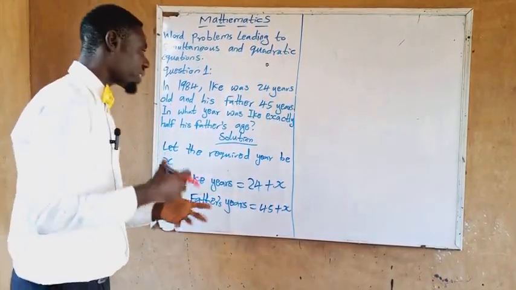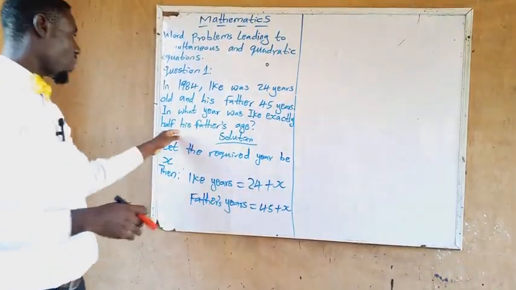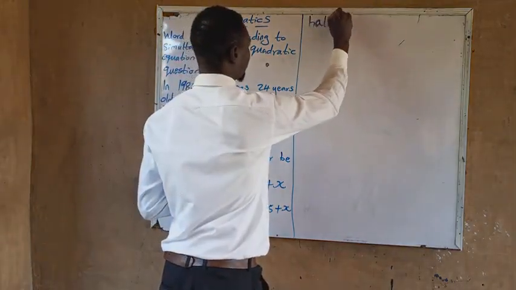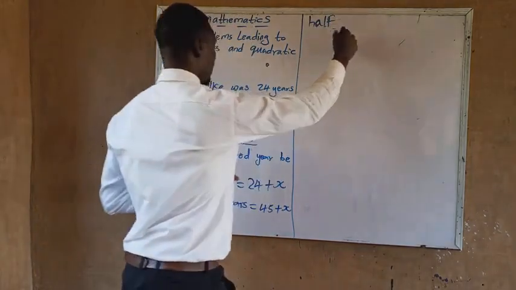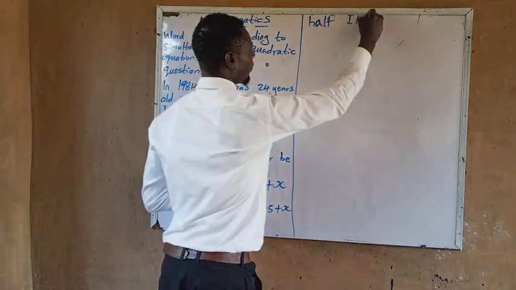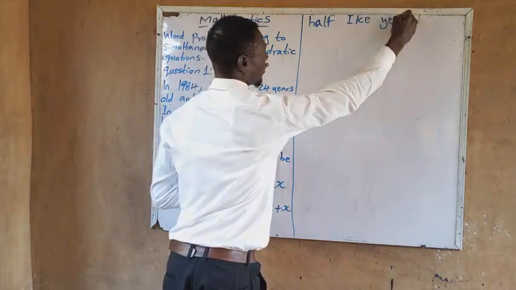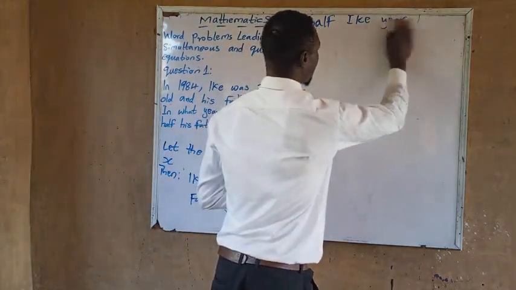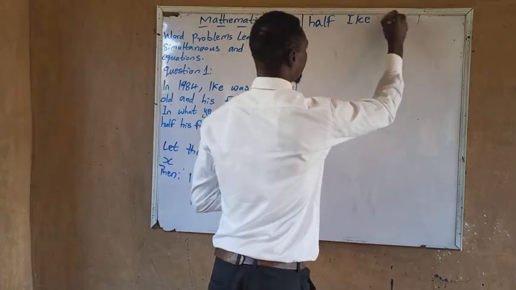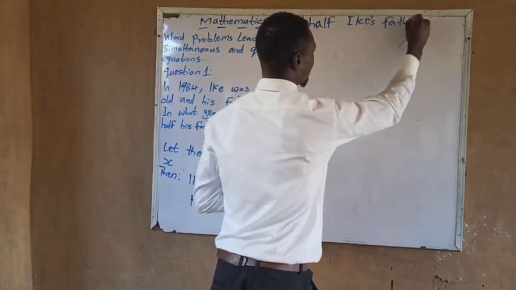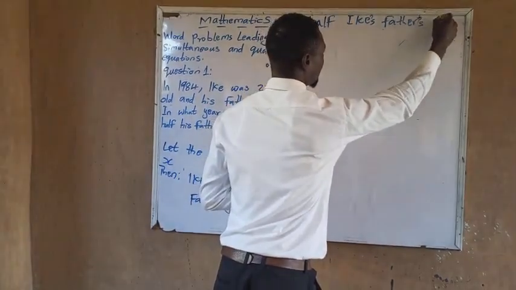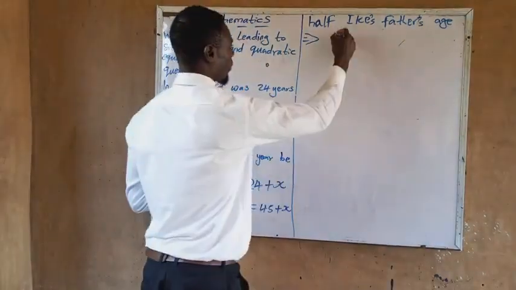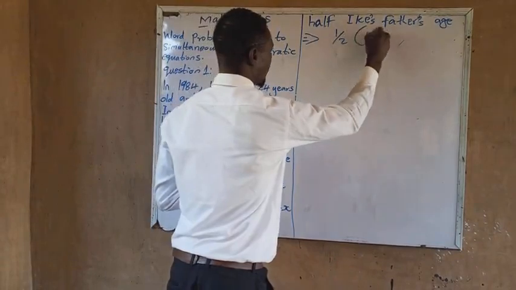In what year was Ike exactly half? Now look at the word half. Half of the father's age.